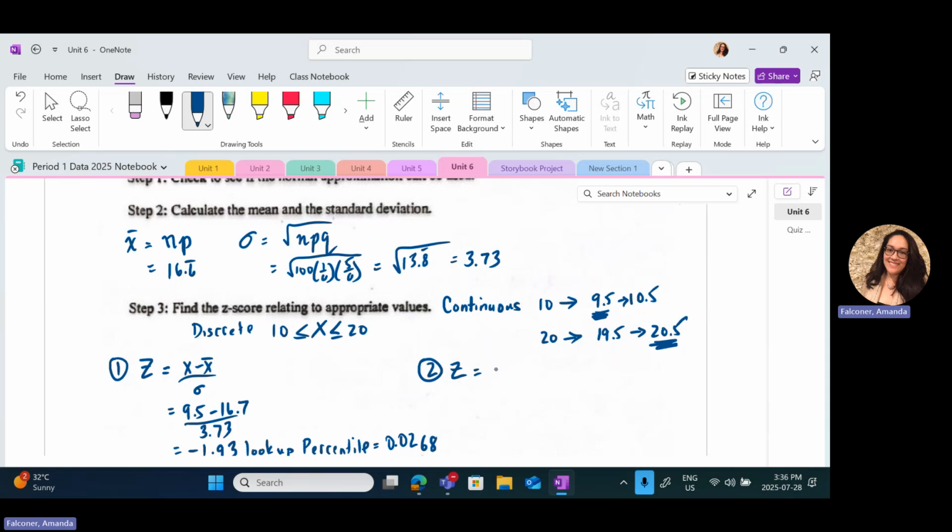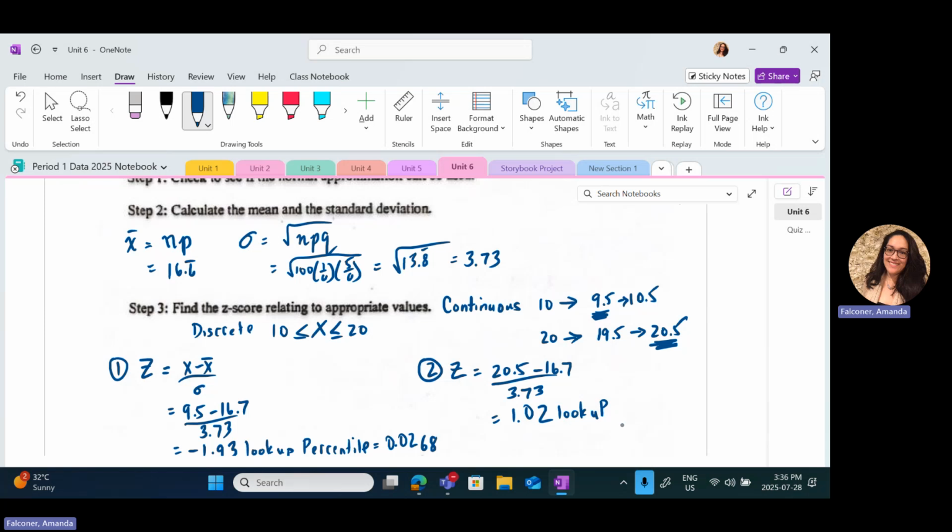So 20.5 minus that mean divided by the standard deviation. Just calculating that, I get 1.02. That I've got to look up, and come up with the percentile.